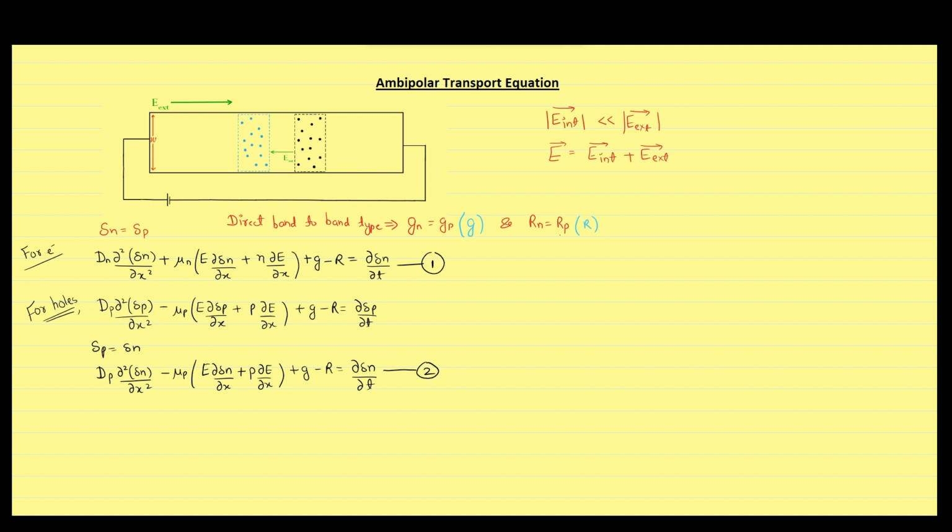We will multiply the first equation with the mobility of holes times the concentration of holes, and multiply the second equation with the mobility of free electrons times the concentration of free electrons, and after that we will add the two resulting equations.